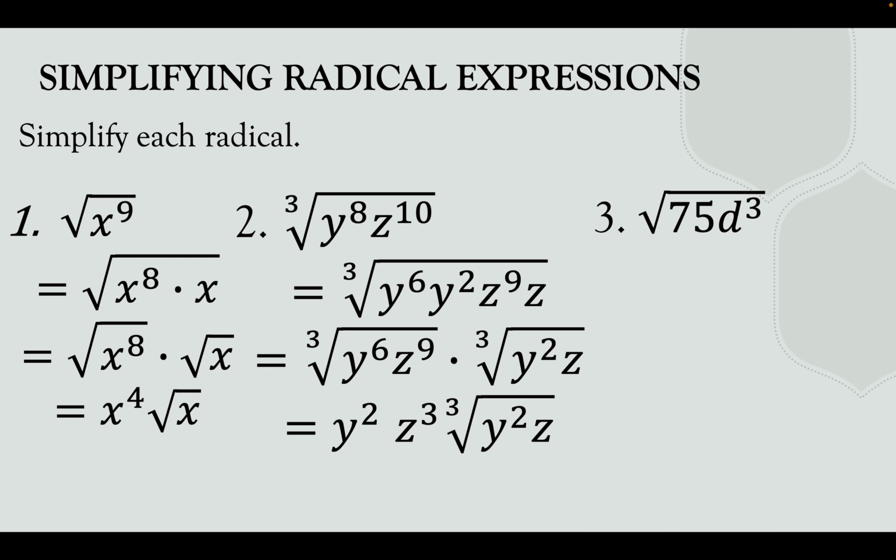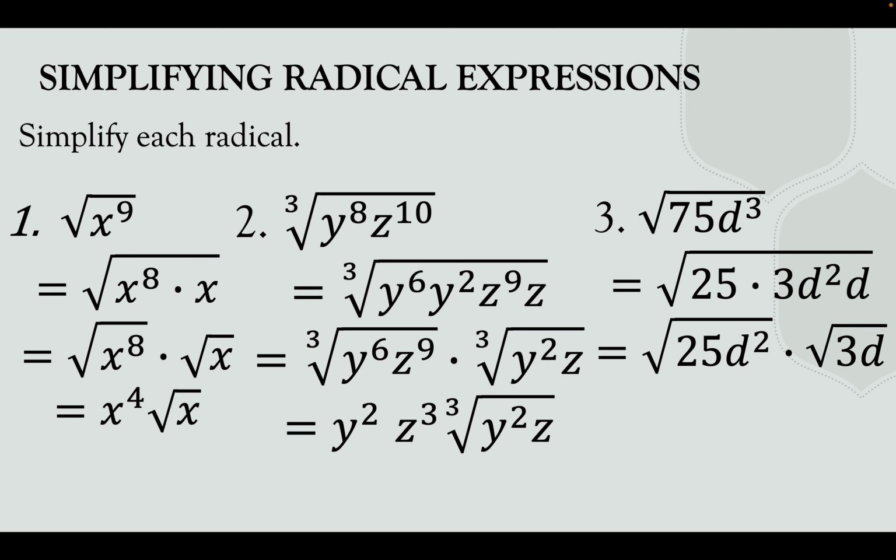Example number 3, we have square root of 75 d cubed. We just need to factor 75, where the first term will be a perfect square and the other term is a non-perfect square. So we have here 25 times 3, that is 75, since 25 is a perfect square. And then d raised to 3, you also need to factor that one: d raised to 2 times d, that is d raised to 3.